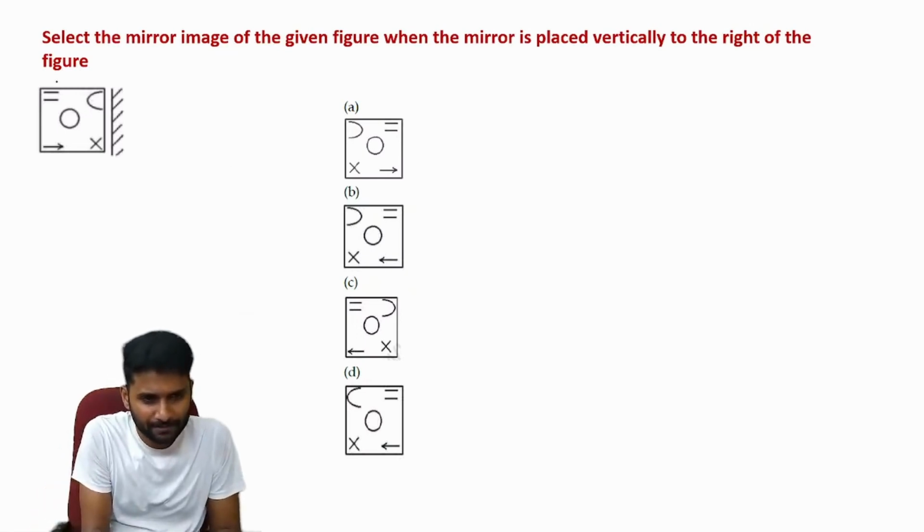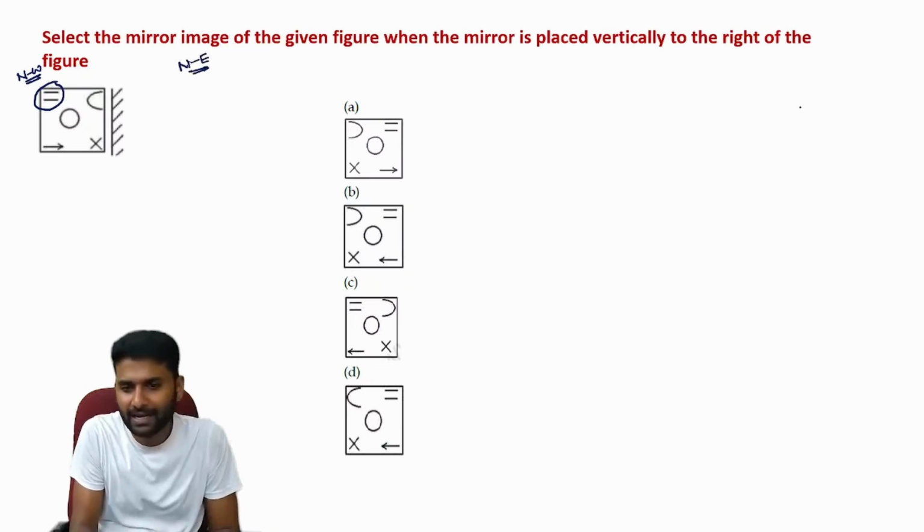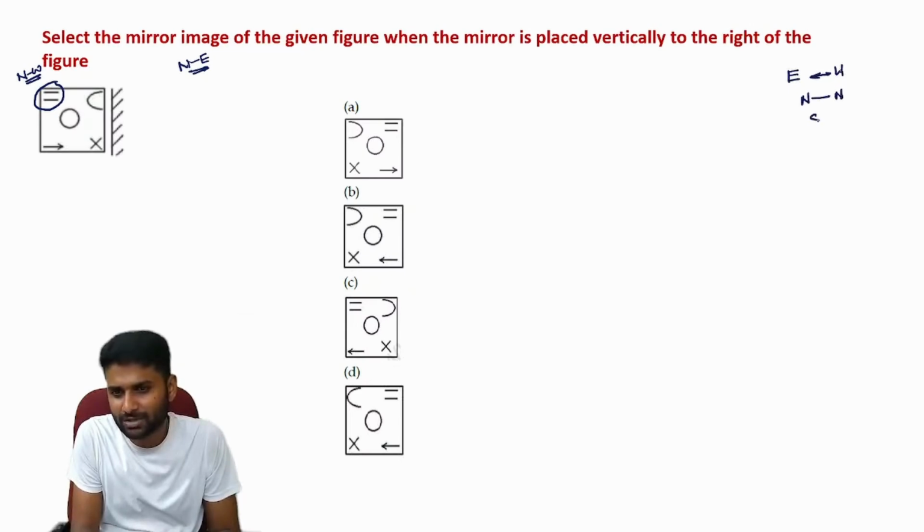If you observe here, this is exactly the extreme northwest corner. In any mirror, northwest becomes northeast. Guys, in directions, remember that north always stays north and south always stays south, but east becomes west and west becomes east.